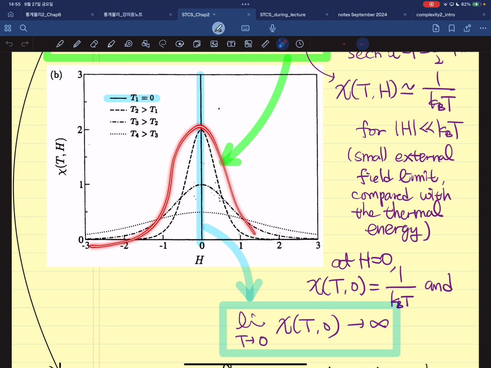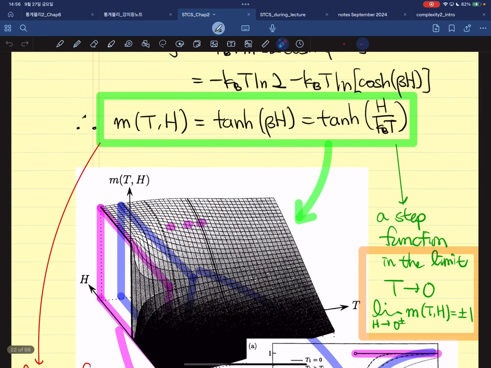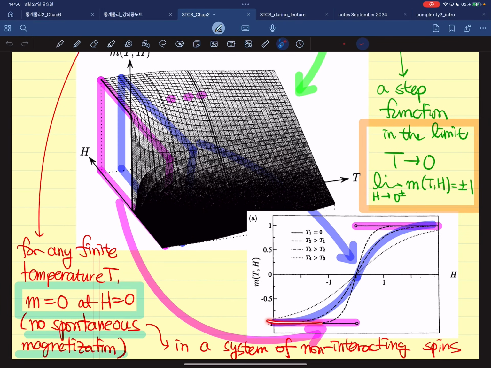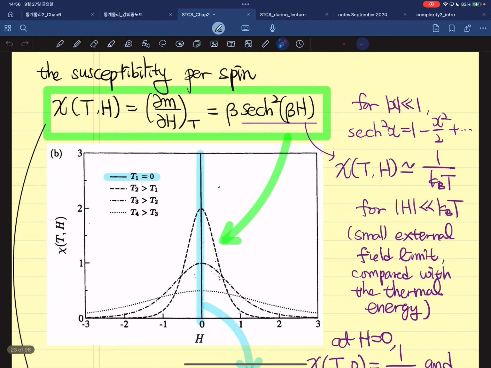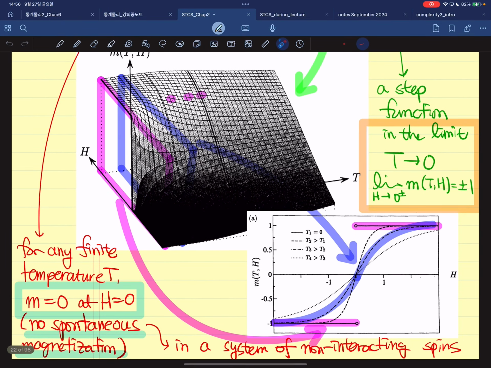Basically, the fact that this one has this functional form is not surprising because it's just the derivative of this function. So as t becomes larger and larger, the slope becomes shallower and shallower.